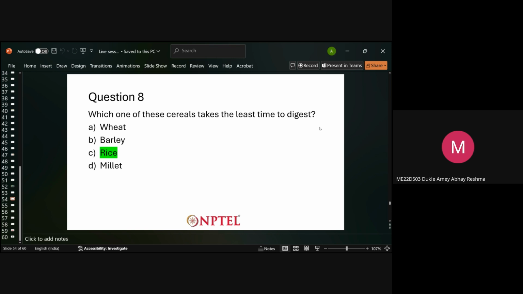So actually, the thing is, when any cereal takes least time to digest, it will keep your stomach filled for the lowest amount of time. The millets or the barley or the wheat would be eaten by the people who are hardworking.